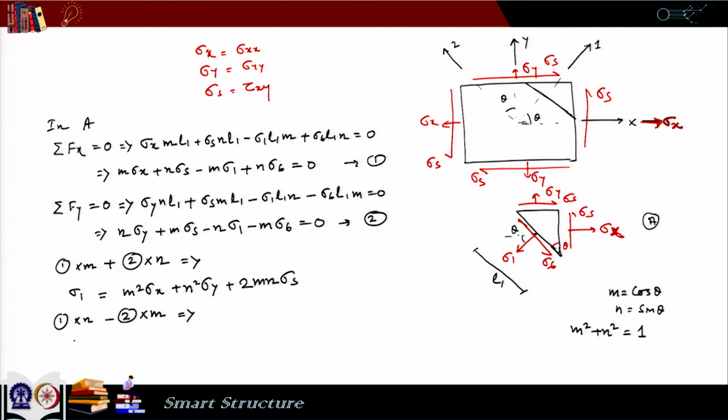That would give us sigma 6 equal to minus m n sigma x plus m n sigma y plus m square minus n square sigma s. So, we could express sigma 1 and sigma 6 in terms of sigma x, sigma y, sigma s and m, n. Now, we can draw another perpendicular here.